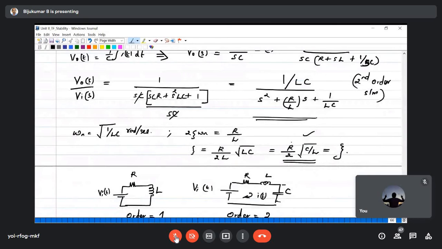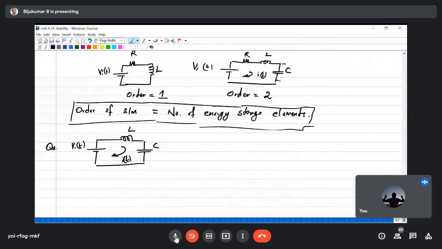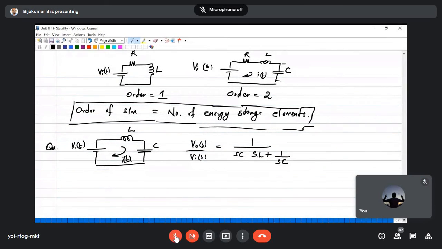Can you find the transfer function for that? Yeah, I'll do it and tell me. What is the transfer function? So you are telling V out by V in of S, right? 1 by SL plus... Okay, so this will cancel.